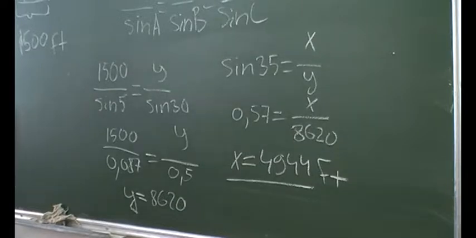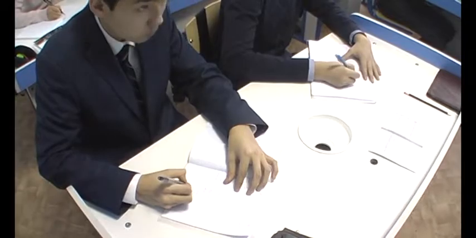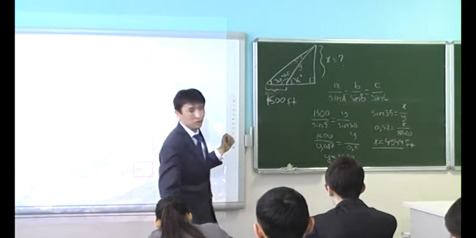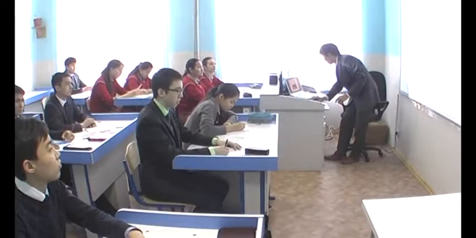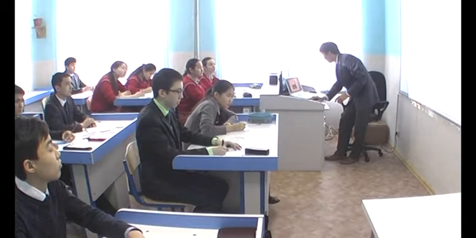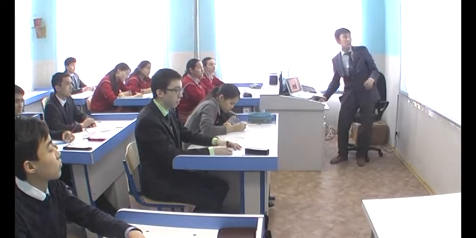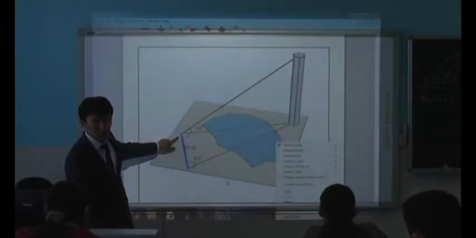Now, with the two given angles, 35 and 30, and the distance between the points, we can find the height of any building or mountain. We want to find the height of this building, and this is the point C where we stand.